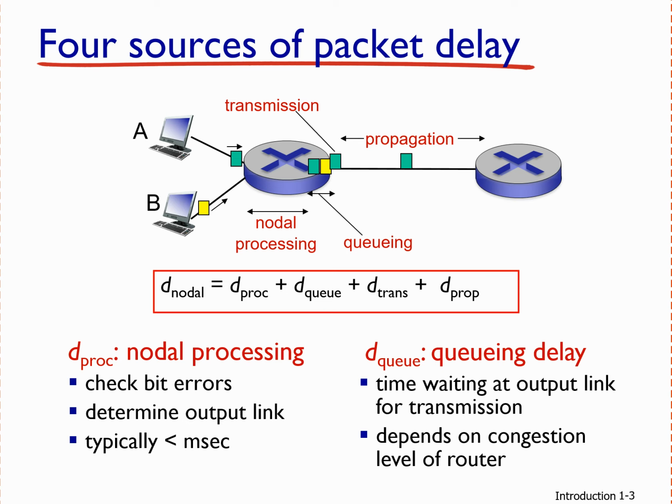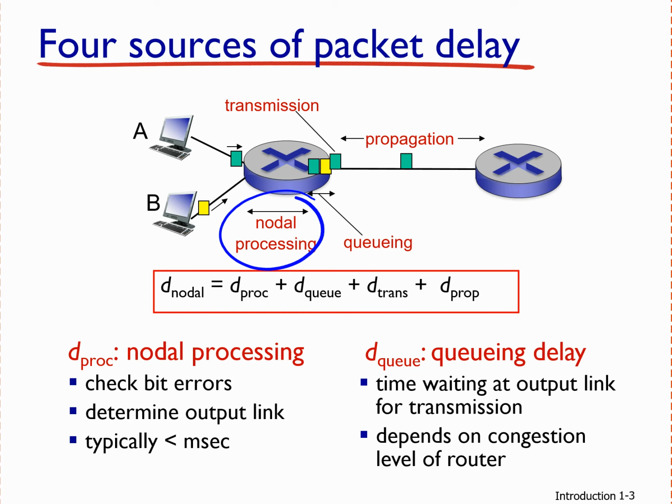When we look at the network, we have to consider 4 types of packet delays. The first one is the nodal processing delay. Every packet received at the router has to be checked for errors. The router, for example, has to look at the header of that packet to figure out where to send that packet.